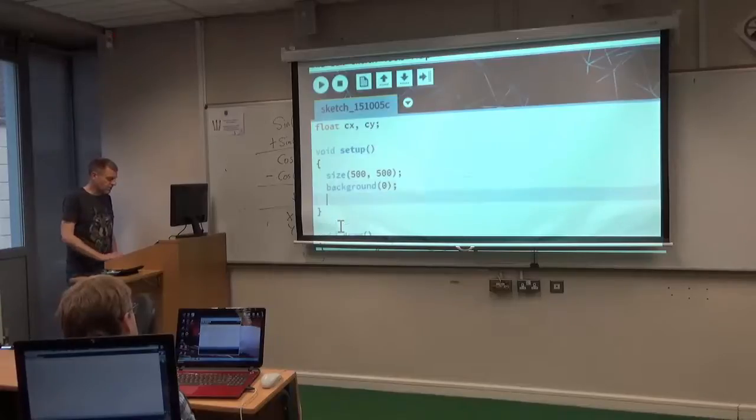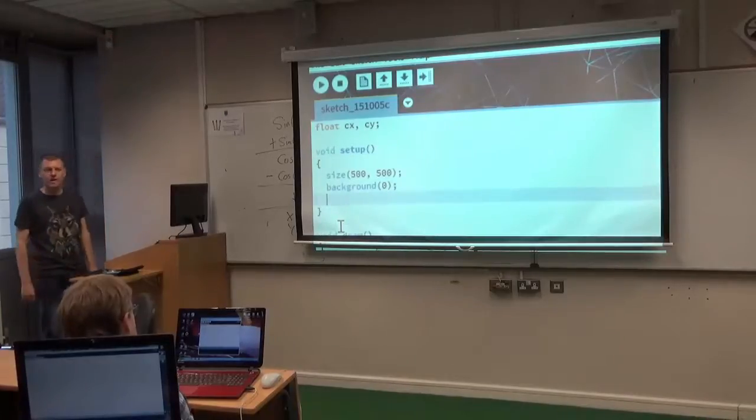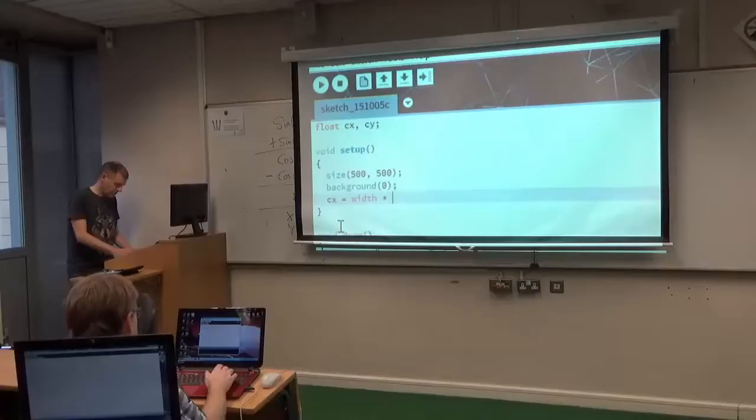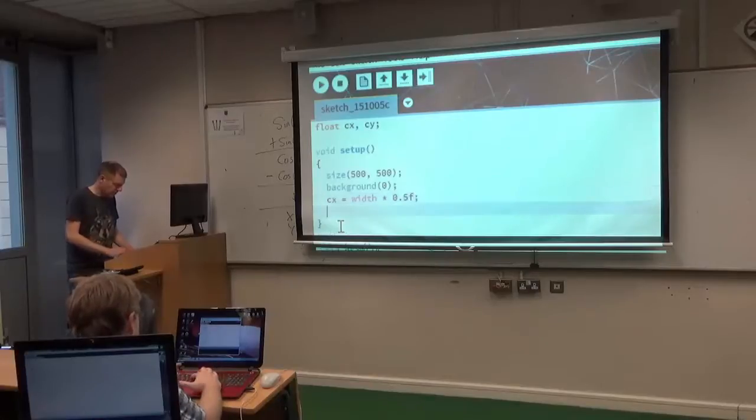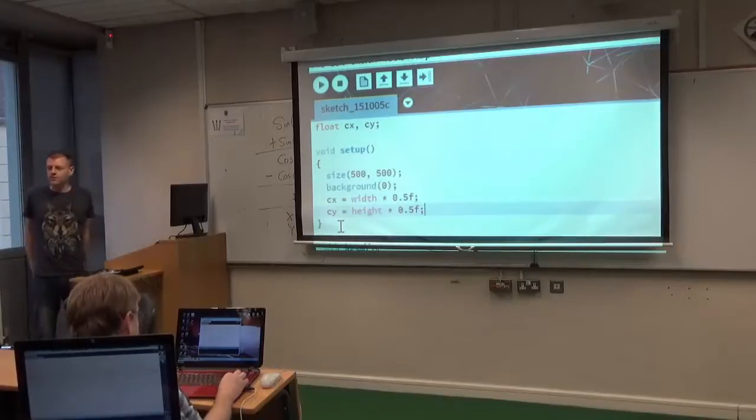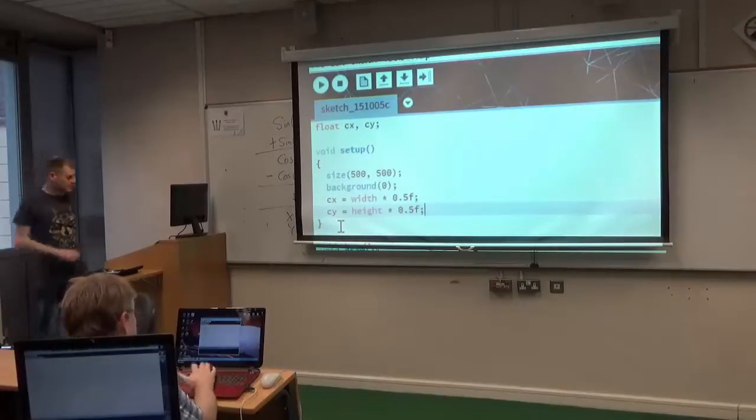So then we do the assignment in here because we have to do the assignment after we call size, right? So you can go cx equals the width multiplied by 0.5f, and then cy equals the height multiplied by 0.5f. So I basically make my cx and cy equal to the center of the screen, 50% of the width and 50% of the height.